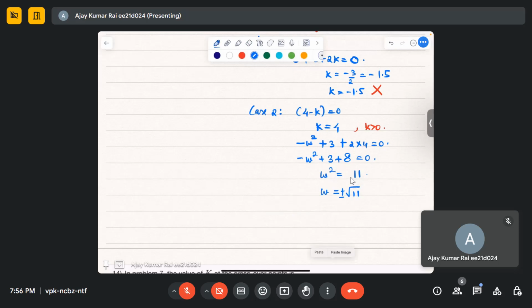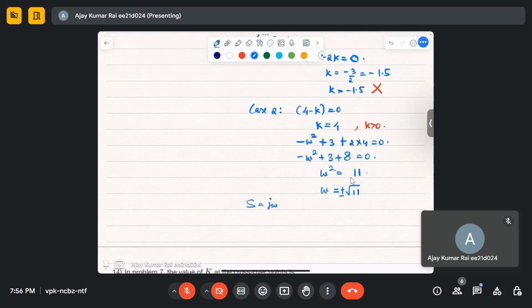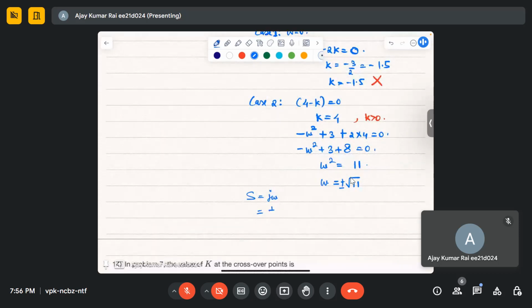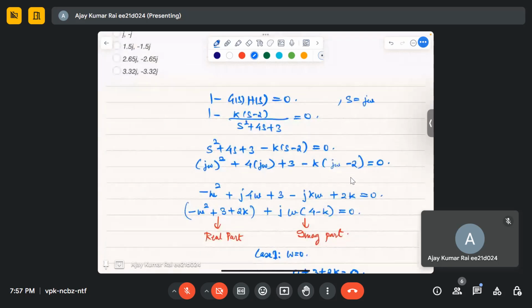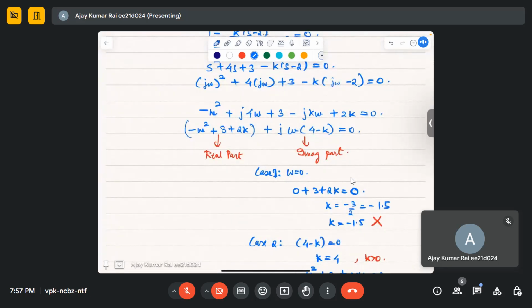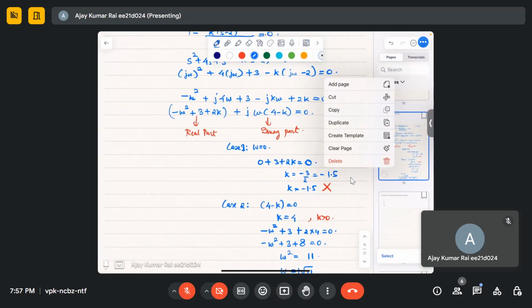So let me put s equal to j omega. We have plus minus j root of 11, and one crossover point is plus j root 11, and the other point is minus j root 11. So these are two crossover points. Now let me copy the root locus in this question, so it will be more clear.